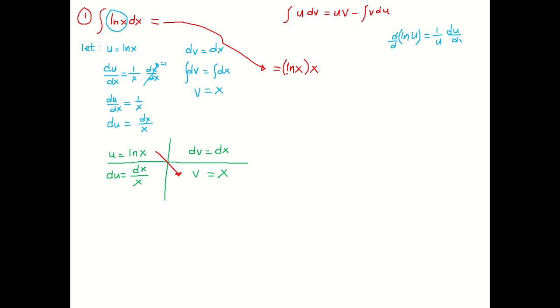Then minus the integral of v. Our v is equal to x, so you write it here, x. Then times du. What is our du? Our du is equal to dx over x. So you write it here, dx over x.